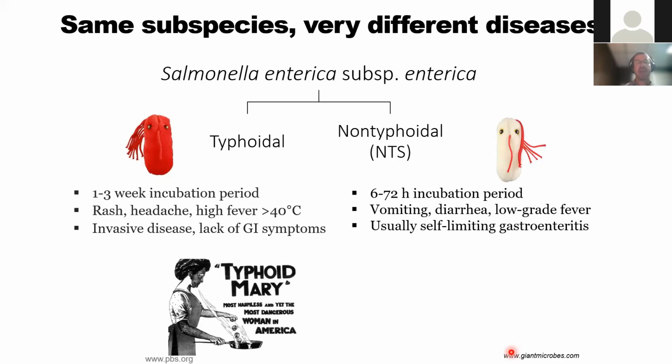Even though Salmonella can be the same subspecies, so enterica, subspecies enterica, different Serovars, different strains can cause vastly different diseases. And the textbook example for this is Salmonella Typhi, human-specific infection, very severe symptoms, invasive disease, no gastrointestinal symptoms, versus the rest of the Salmonella that we call non-typhoidal Salmonella.